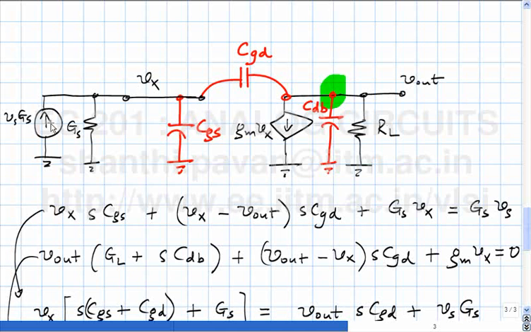If there are two capacitors, what can the order be? Can it be 3? If there are two capacitors, can the order be 3? No. If there are two capacitors, can the order be 2? If there are two capacitors, can the order be 1? Can the order be 0? Okay, what is the order of this network?